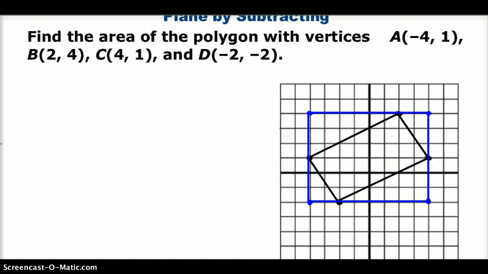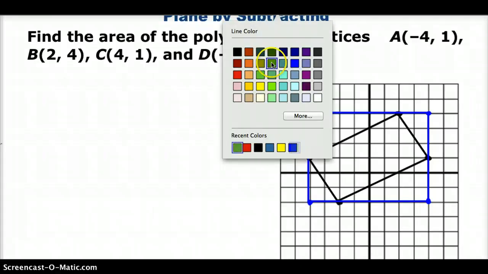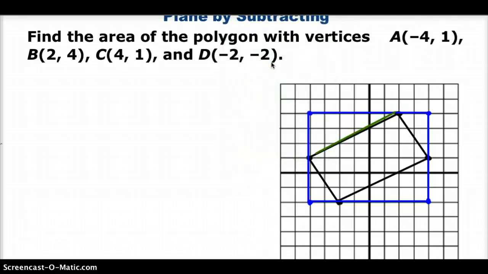So we have this big blue box. We don't necessarily want to know the area of the big blue box. We want to know the area of the black box. But what we can do is make some different colored triangles here.